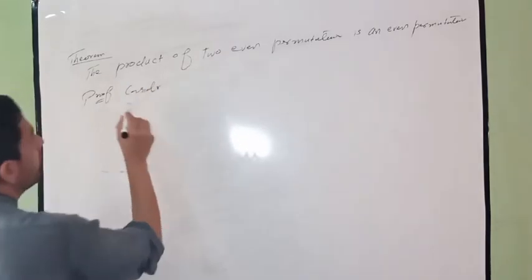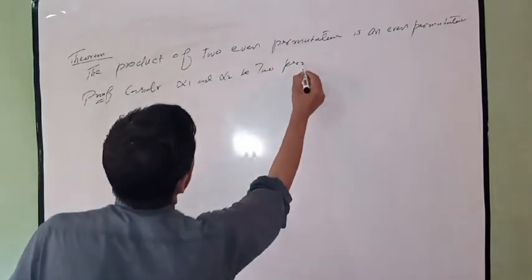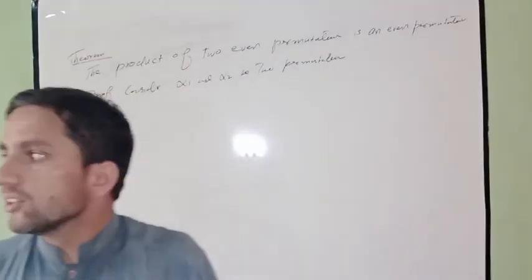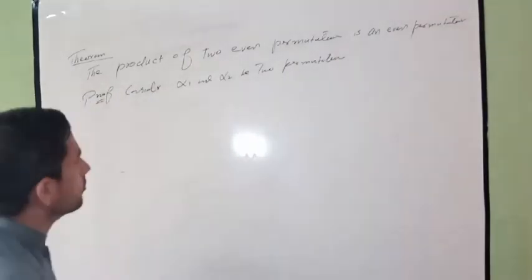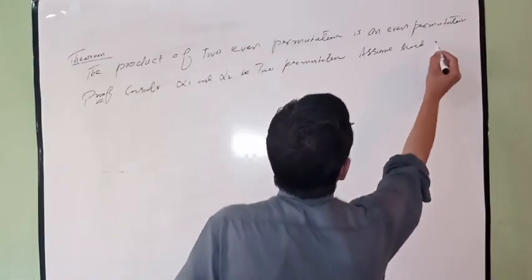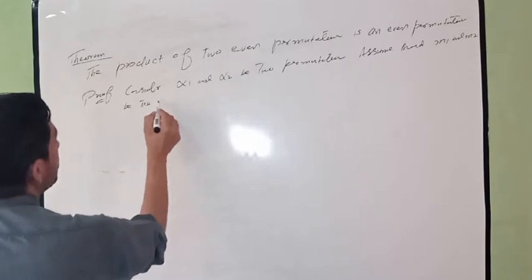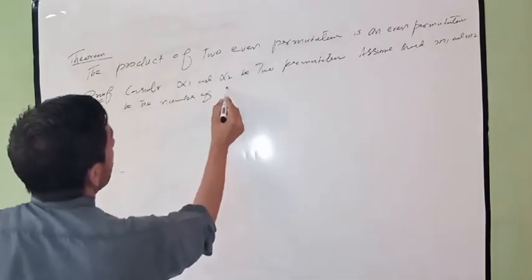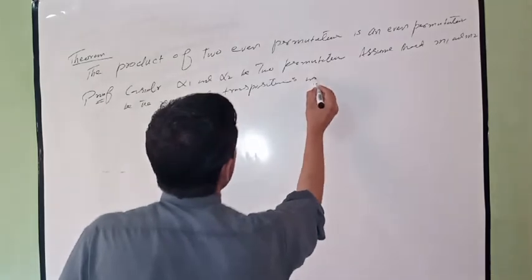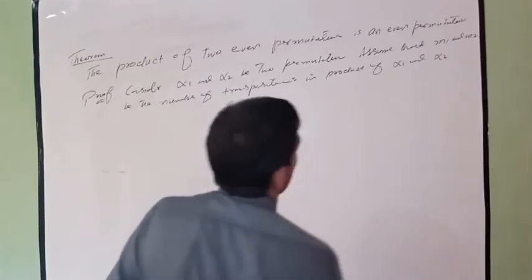Consider, say, alpha 1 and alpha 2 be two permutations. Suppose we have two permutations, that is alpha 1 and alpha 2, and assume that m1 and m2 be the number of transpositions in the product of alpha 1 and alpha 2.